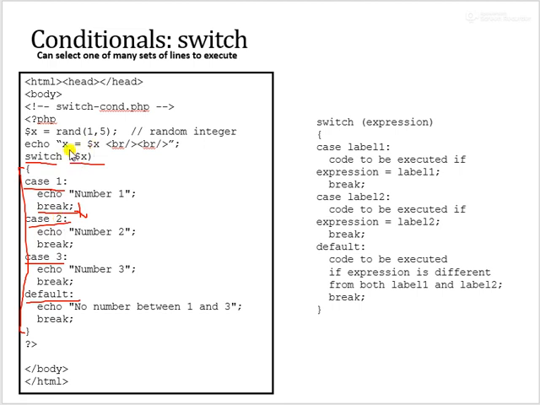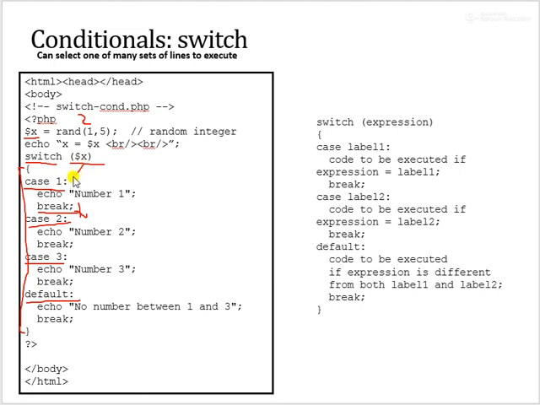Like x, now here what we are doing is we assign x a random number between 1 to 5. So let's suppose x is assigned 2, and then switch x, so switch is performed on x, so value of x is 2, so it will check case 1, no, case 1 is not executed because x is not equals to 1.